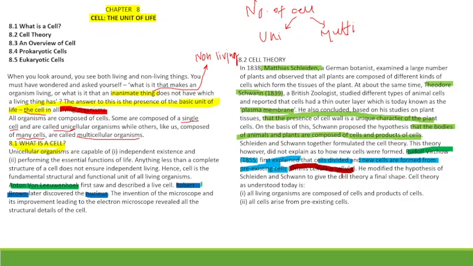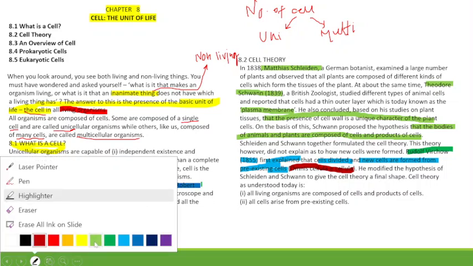So, by the contribution of Rudolf Virchow, a new cell theory came into existence, modified as: all living organisms are composed of cells and the products of cells.